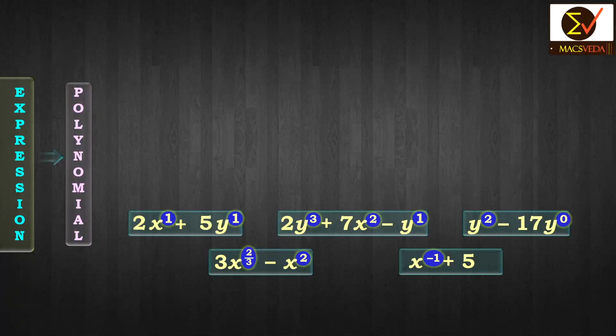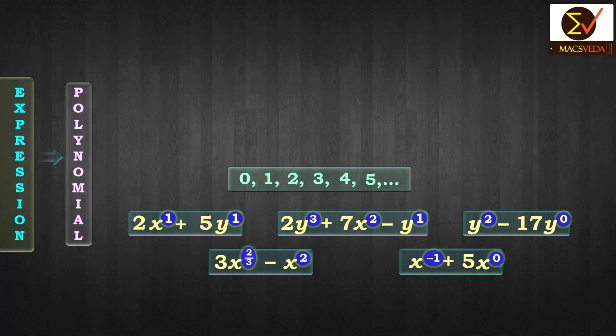And the last expression has power minus 1, and you can write the constant 5 as 5 into x power 0, because you all know x power 0 is 1. So 0 is fine, but minus 1 is not a whole number. So consider only the expressions involving variables having powers which are whole numbers.